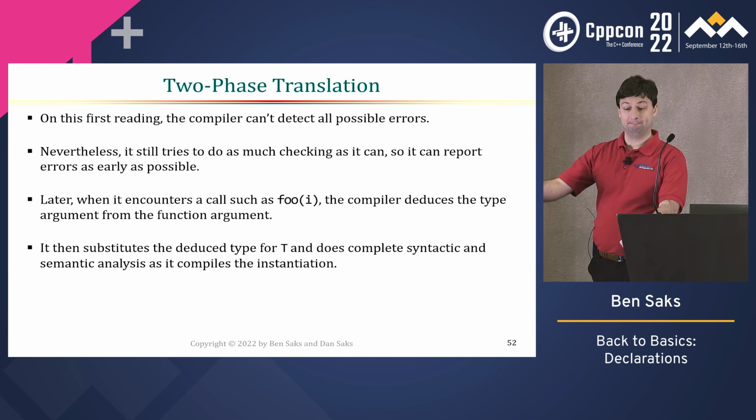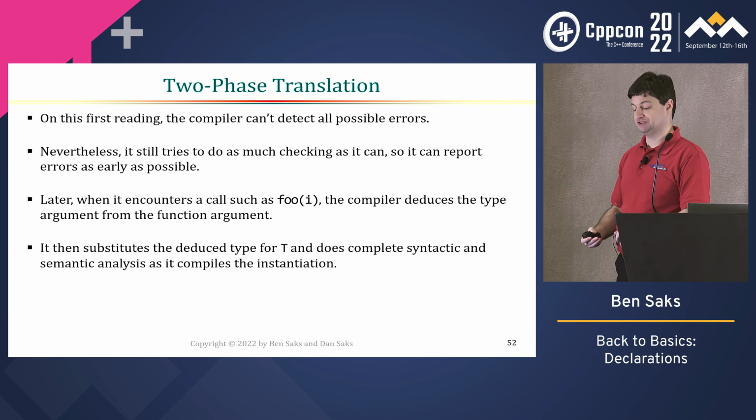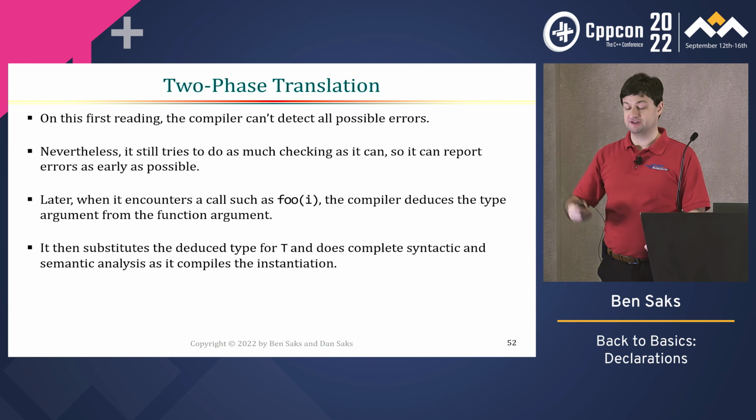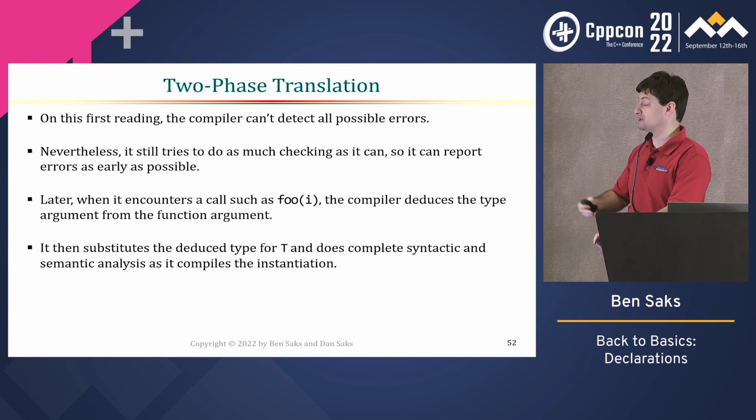And then later on, the second phase occurs when the compiler actually encounters a call to that function template, at which point the compiler deduces the type from the function argument, or the type could be explicitly specified.